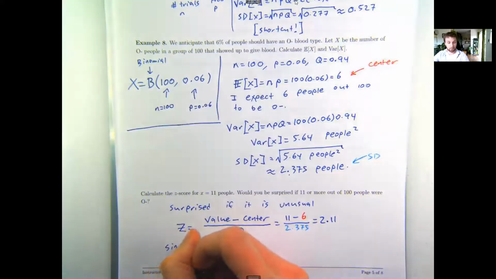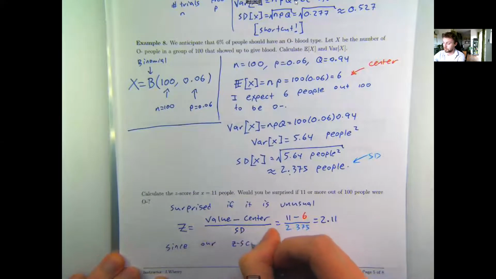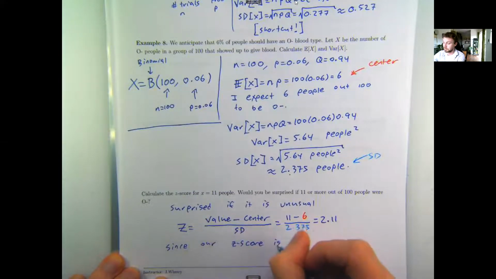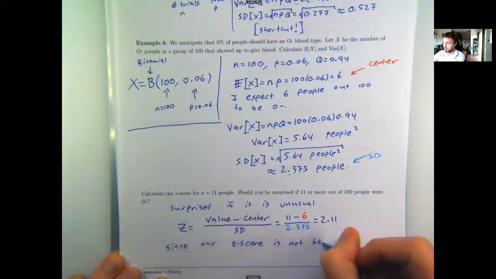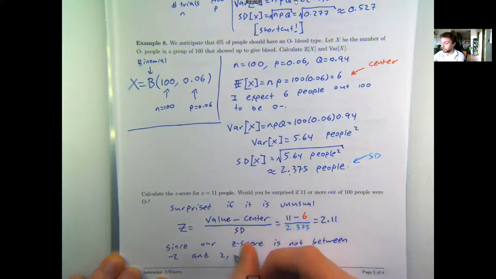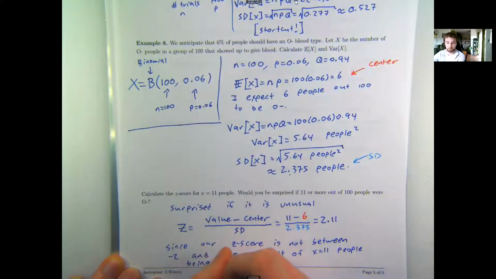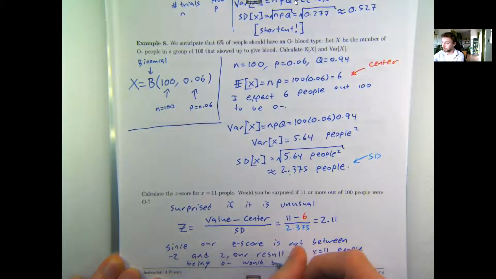Since our z-score is not between -2 and 2, our results of x equals 11 people being O negative would be unusual.